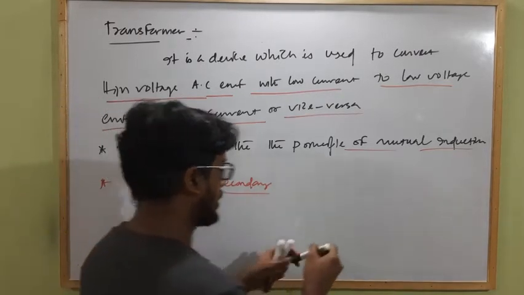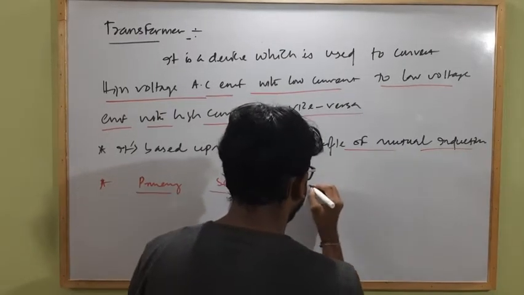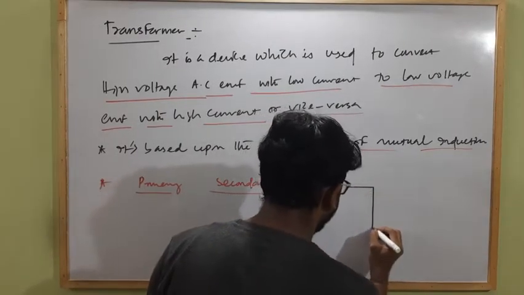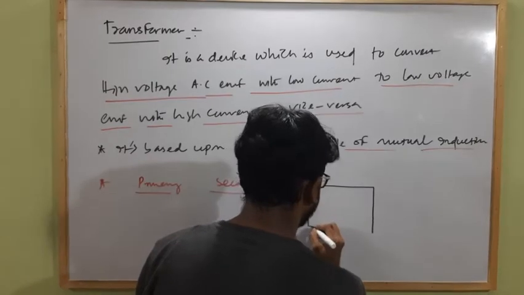and the iron core will be like this. So the iron core on which the coils are wounded will be like this.